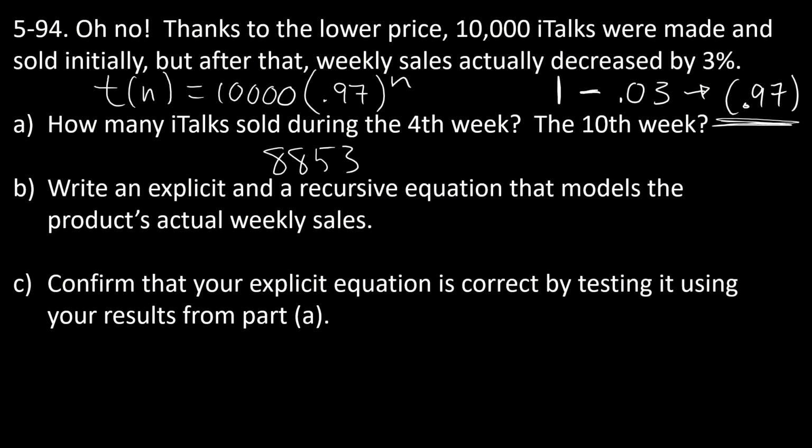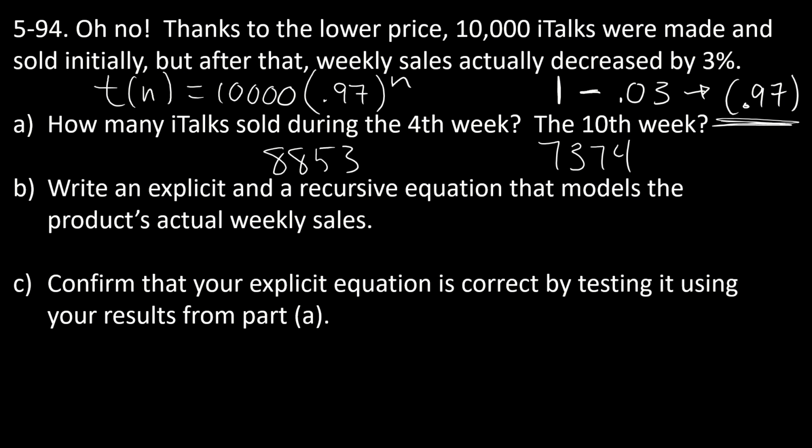And when I raise that to the 10th power, let's just go back up and change that to a 10. I like calculators. I get that that's 7,374 phones. So I can see that the model that I've built here, the explicit relationship, is showing that it's decreasing over time.